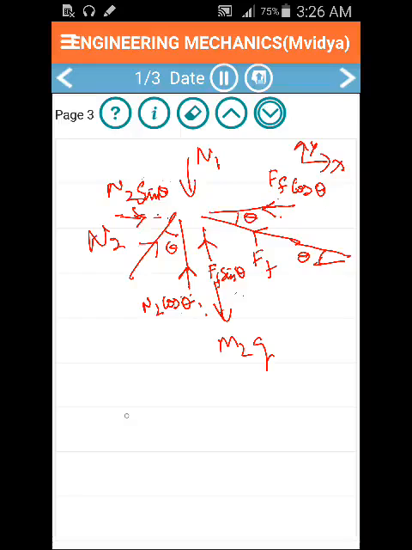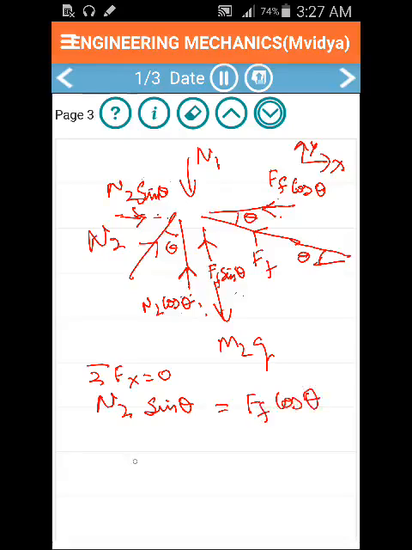So the horizontal forces are getting balanced. If the body is to be in equilibrium, summation Fx is 0 and summation Fy is 0. So summation Fx: N2 sin theta is acting to the right, that is equal to the frictional force Ff cos theta.